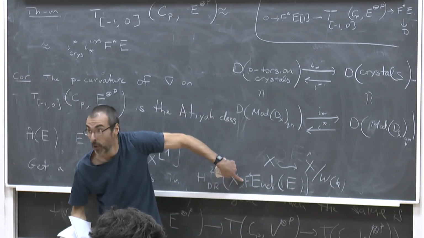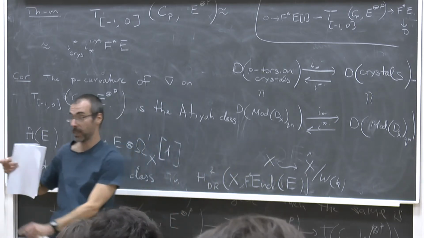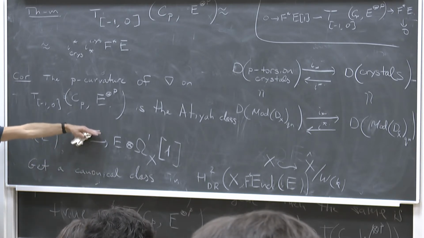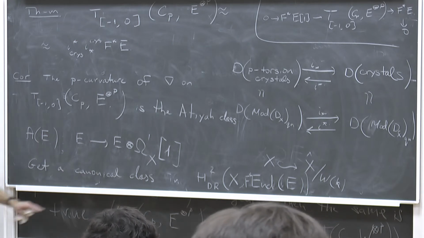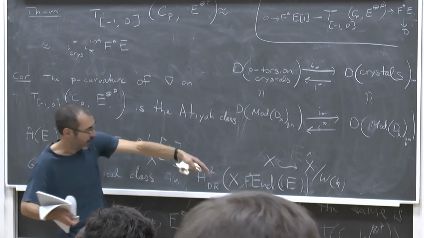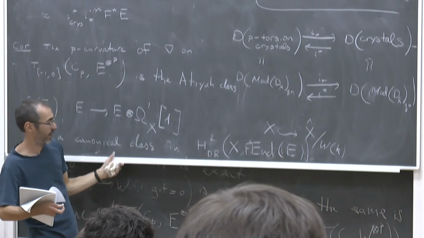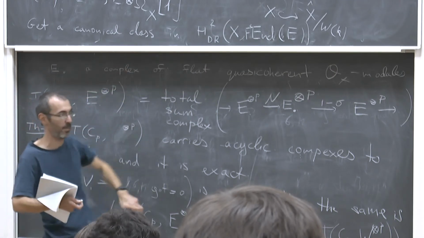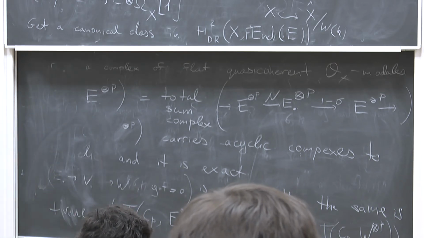This is a D module, so it makes sense to take the de Rham cohomology with coefficients in this D module, and you get a class here, which is somehow a refinement of the Atiyah class, because the Atiyah class is the p curvature. So, for example, if you take the trace of this, you get the first Chern class. If you take the trace of wedge 2 of this guy, you get c2 and so on. So you get all Chern classes by applying the trace to this construction. But these are just Chern classes, not Chern class one.